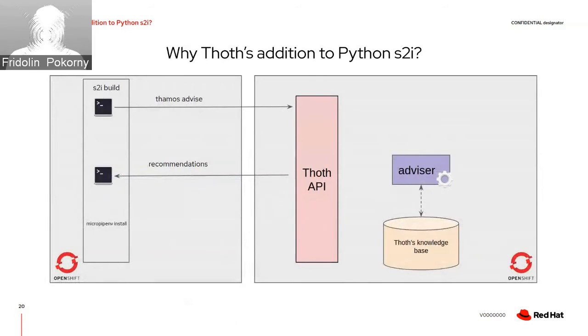In a nutshell, this is how the build process works. We have the s2i build process that detects where the build is happening, what type of CPU the environment offers, together with information about the Python interpreter version and stuff like that. This information is sent together with information about direct dependencies to the Thoth API, which triggers a component called advisor, which computes recommendations.